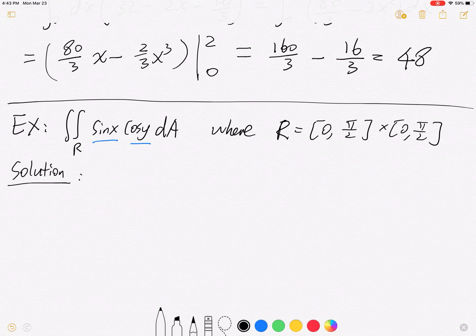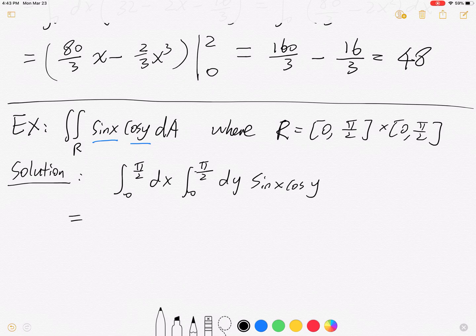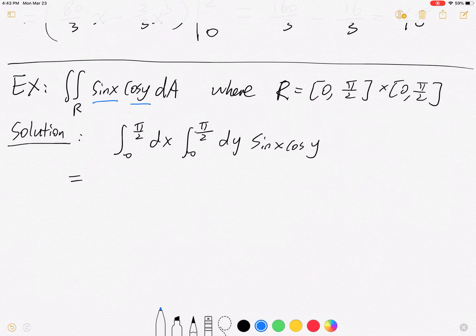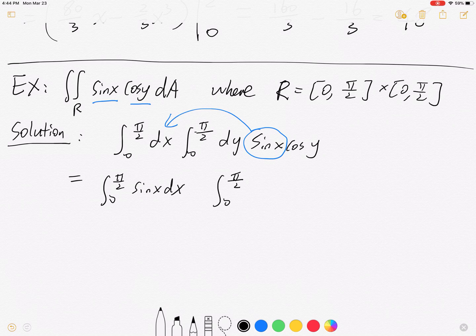Okay, then we have the following technique for this problem. We still write it down as an iterated integral, but now this is a constant. You can move it out. And also the remaining part after integration is a constant.